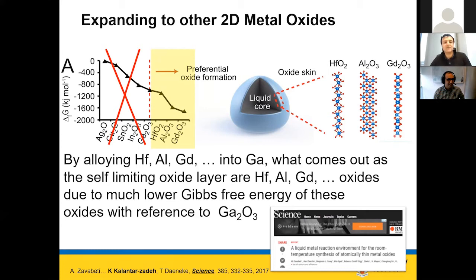Although indium oxide, tin oxide, copper oxide, silver oxide, they don't win the competition. So we looked around, and Torben had an idea when looking at some of these numbers, realizing that the Gibbs free energy of gallium oxide can be the reason: if the oxides of these materials that come to the surface have lower Gibbs free energy, they win the competition, not other oxides.